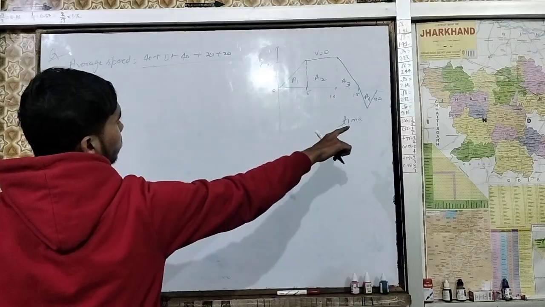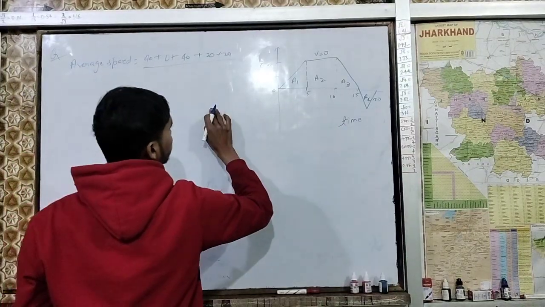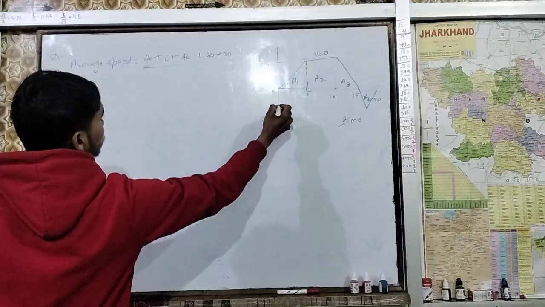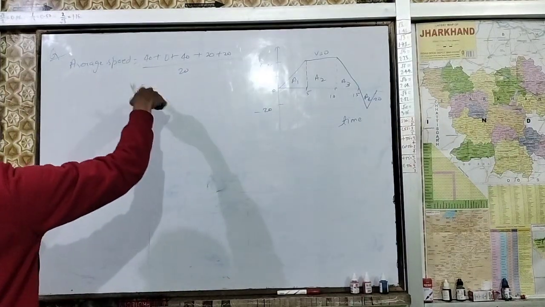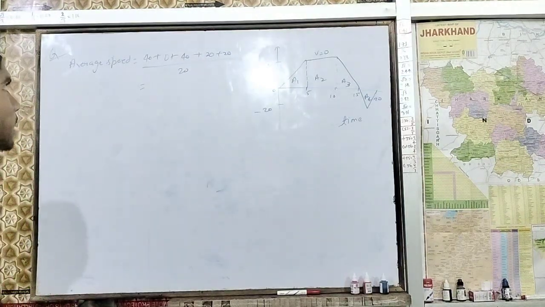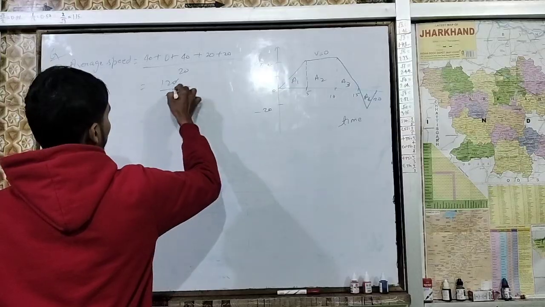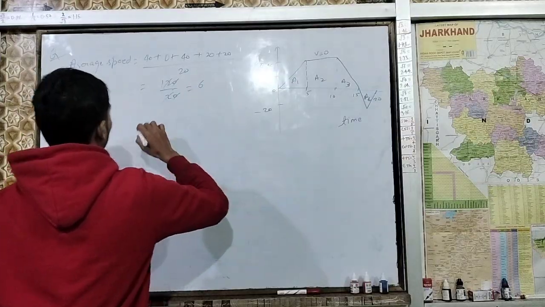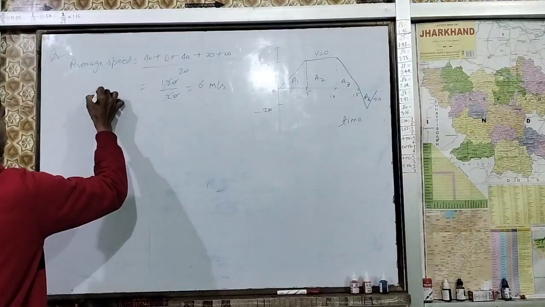Total time is how much? 20 seconds. So 40, 80, 100, 120 upon 20. So 6 is our average speed.